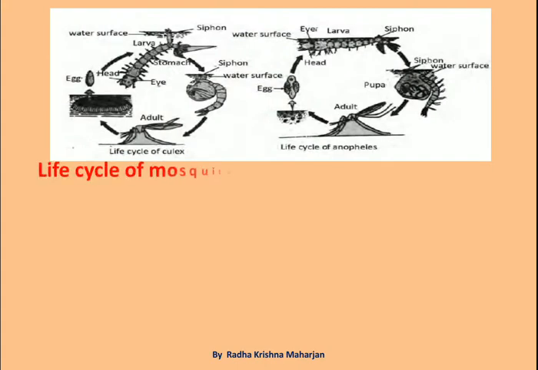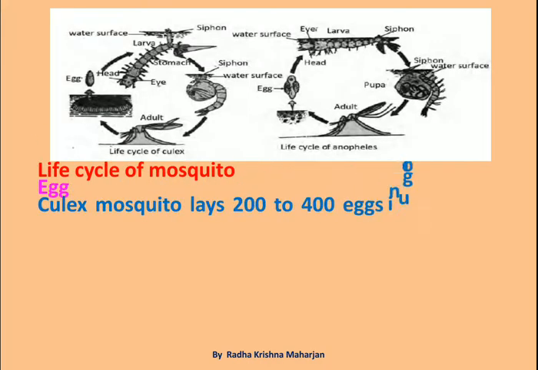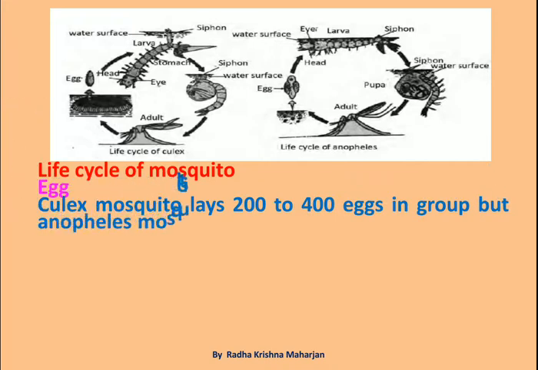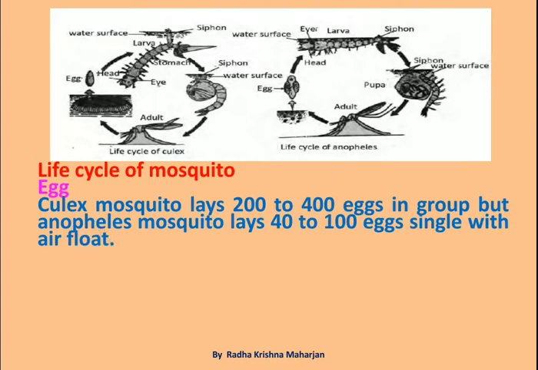Life cycle of mosquito. Egg. Culex mosquito lays 200 to 400 eggs in group, but Anopheles mosquito lays 40 to 100 eggs single with air float.